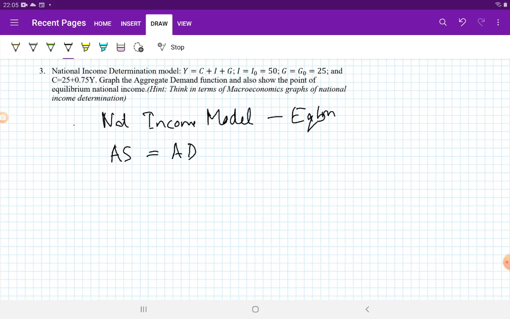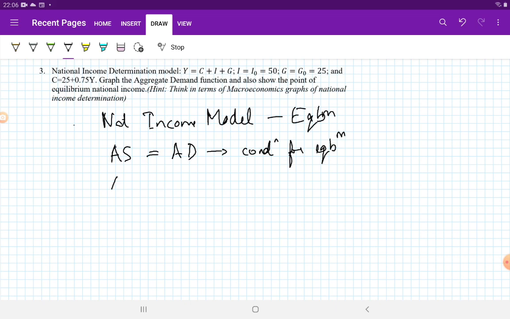And if you remember your Keynesian economics, what he says is there is no automatic tendency in an economy for the aggregate supply to be equal to aggregate demand, especially at the full employment equilibrium. If this equilibrium is achieved at full employment, then it is just by chance. So our condition for equilibrium is aggregate supply equals aggregate demand.